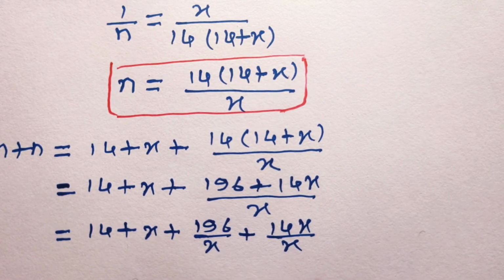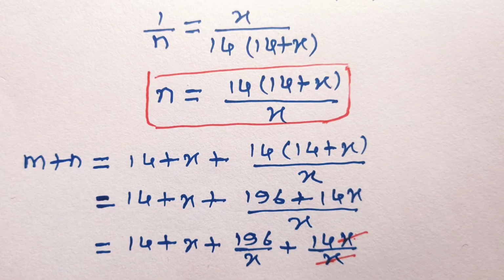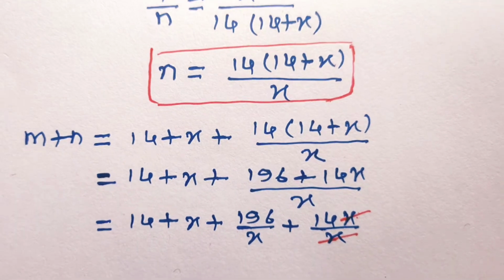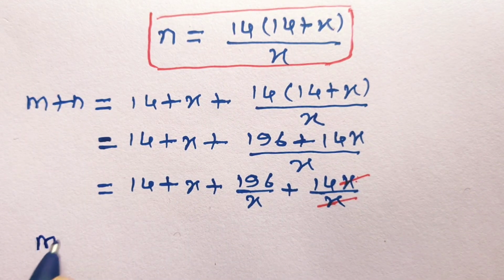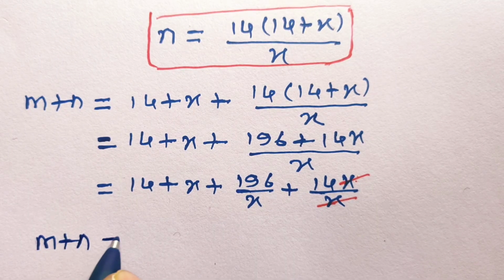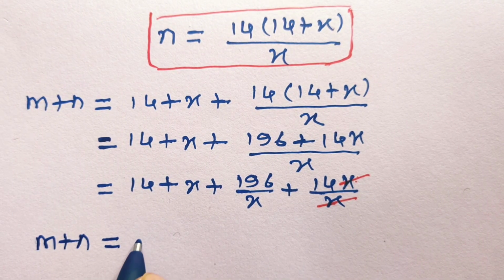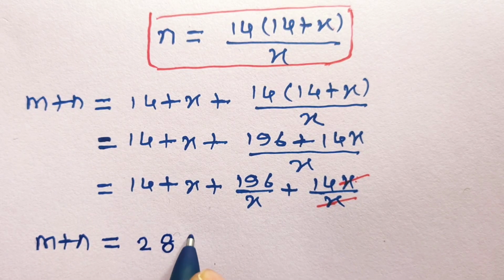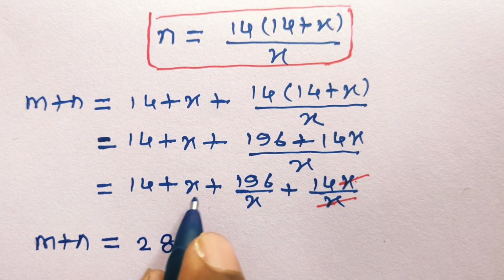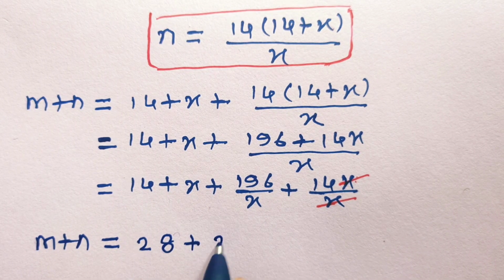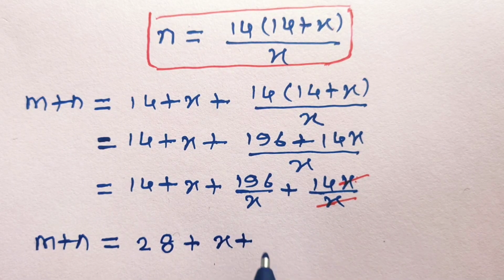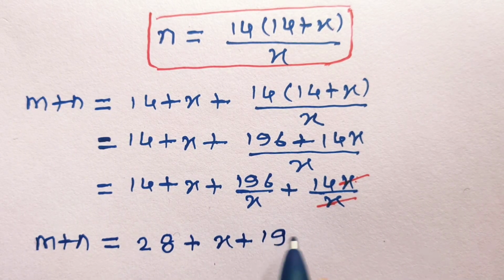Now here this x cancels with this x, hence m plus n is equal to 14 plus 14, 28, plus x plus 196 divided by x.